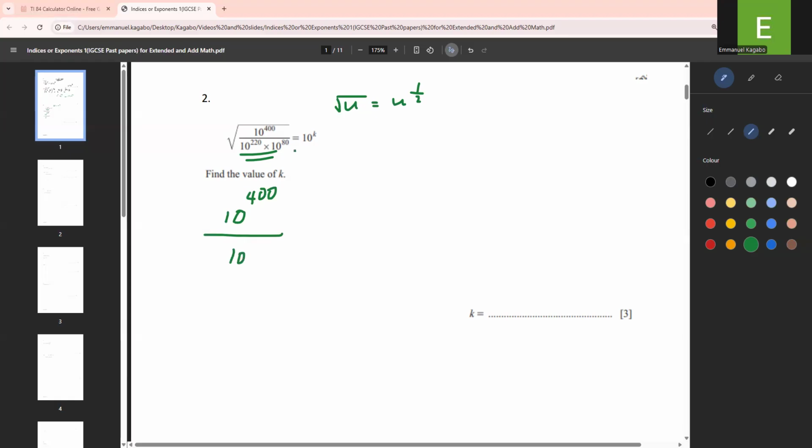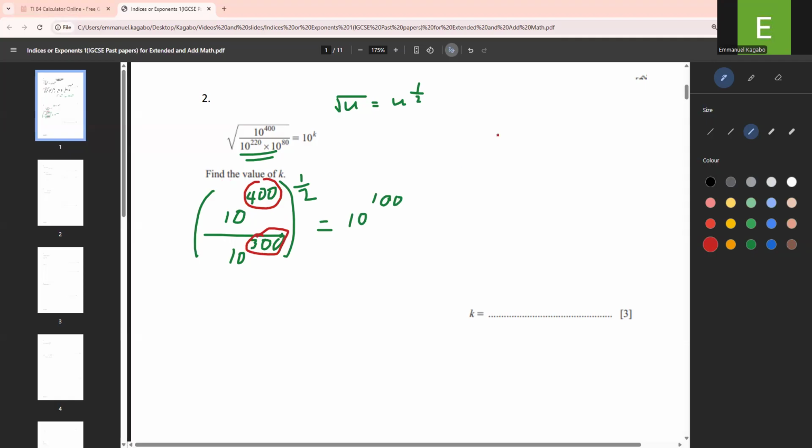When you're multiplying numbers of the same base, you add. So 220 plus 80 gives me 300. All of this power half, which means root. Now, when you are dividing, you subtract the powers. So that is 10 power 100, because I got 400 minus 300, because we are dividing.